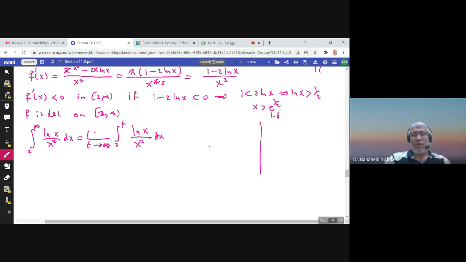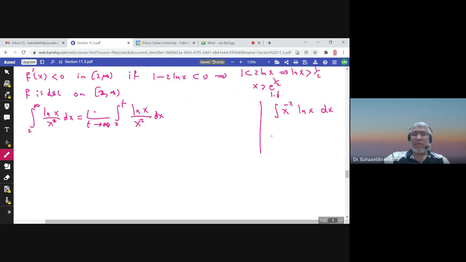And now let us think of this integral. How do we evaluate this integral? The derivative of ln x is 1 over x, but we have x squared. So I will write it as the integral of x to the power negative 2 times ln x dx. And if you studied chapter 7, you know by heart now that we solve this integral using integration by parts.